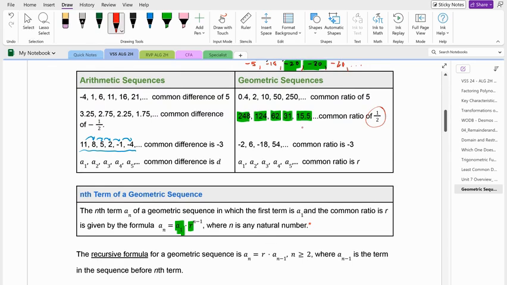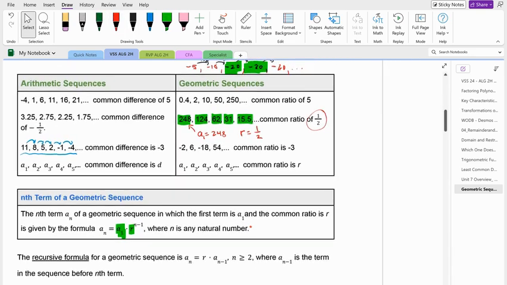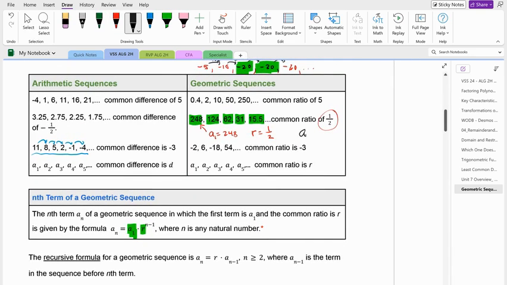So back to that example we had above, the 248, the 124, we determined that the common ratio r equaled 1/2. We look at the first number in the list, that is a sub 1. So that's 248.